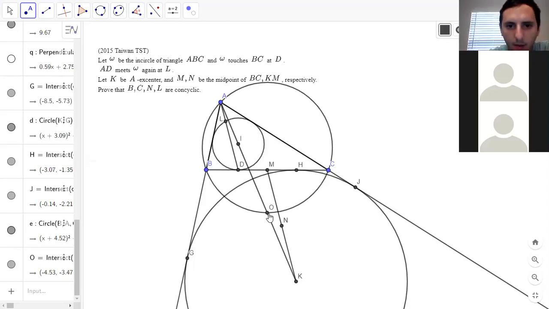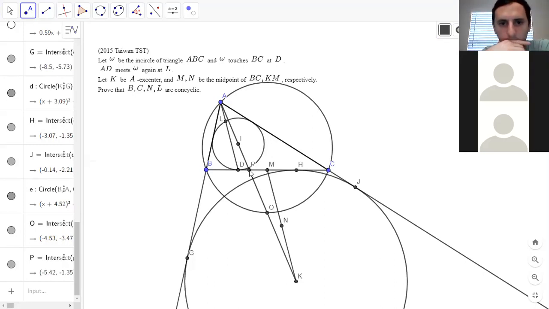So ID is parallel to MO. And if you call IO cut BC at a point P, then use similar triangles, and they will be parallel. So PD over PM is equal to PI over PO.